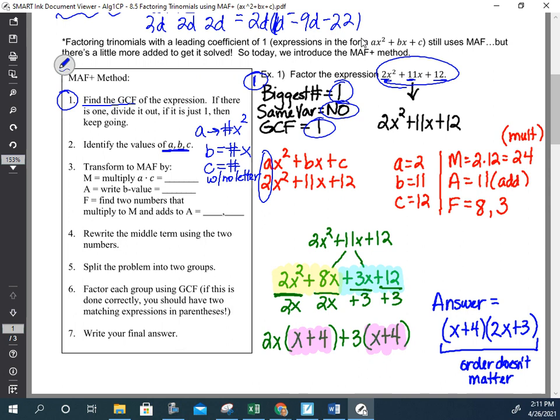B is the number in front of x. And C is the number with no letter on it. So that's 12. So A is 2, B is 11, C is 12. That's step number 2. Any questions before we continue?